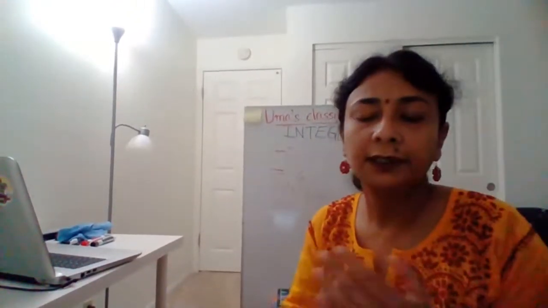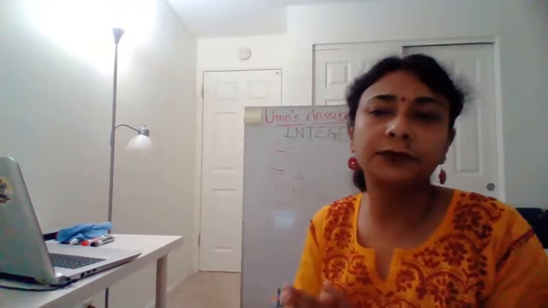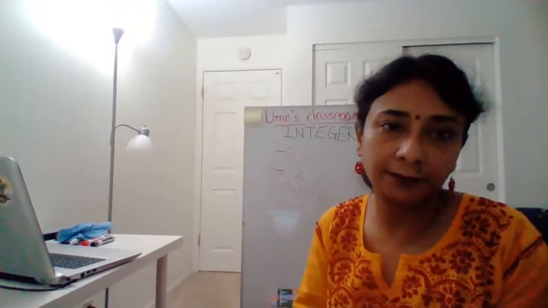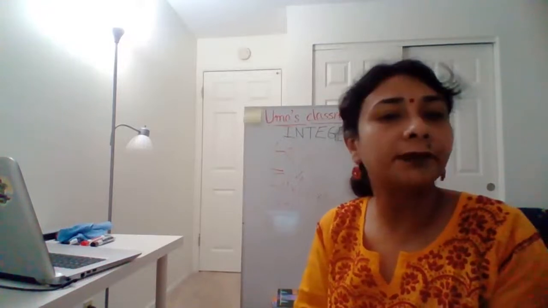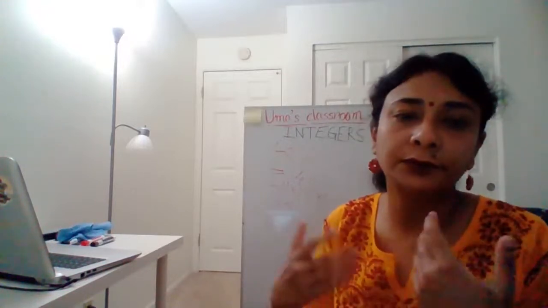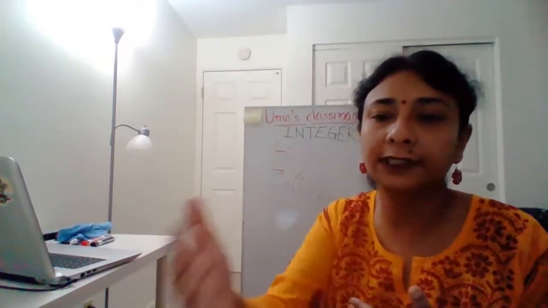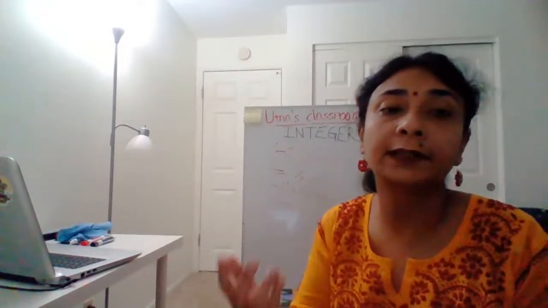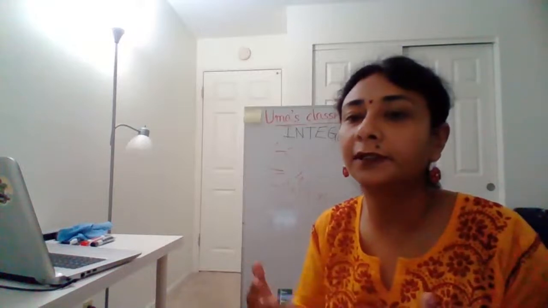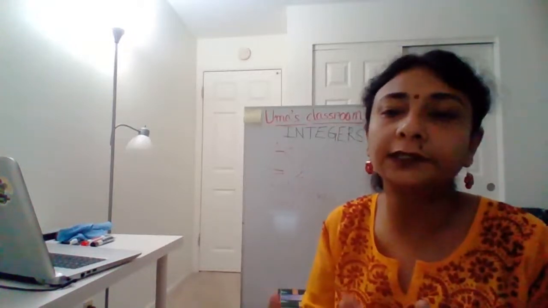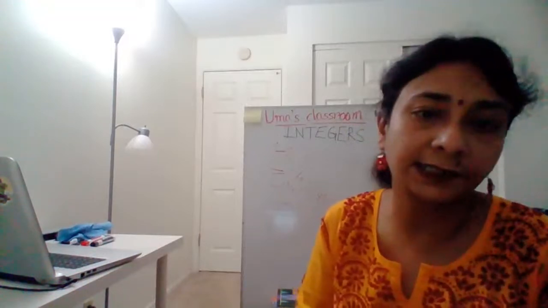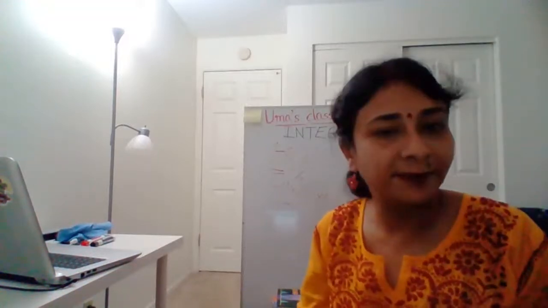So these are the few general rules we are using while solving integer problems. Now I have a few problems for you to solve and give me the result through the chat box. And as I am getting feedback that everyone cannot see the board very clearly, I am trying to narrate the problem as much as I can. Please bear with me.